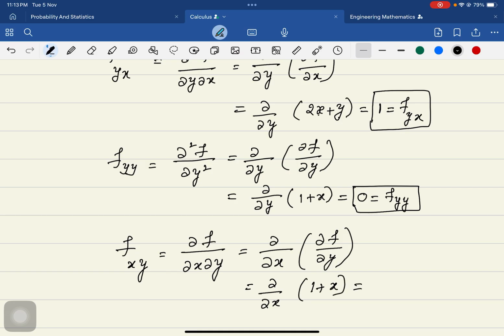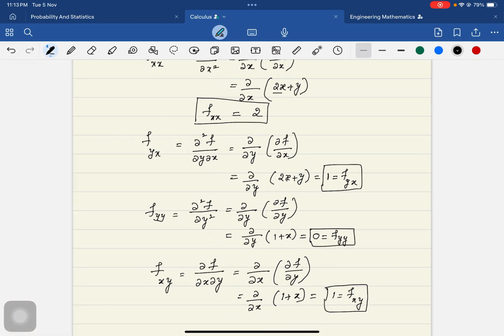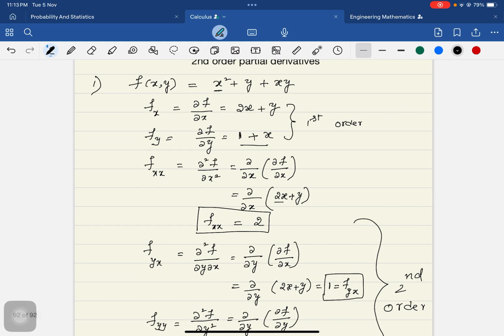The derivative of 1 plus x is 1. So 1 is fxy. So these are your second order partial derivatives. I hope you could understand.